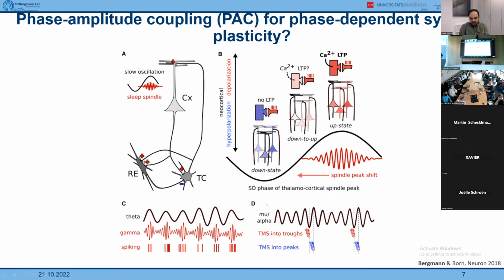As you can see here on panel D, I don't know if you can see my mouse or my cursor or not, but I'm trying to show you the phase.